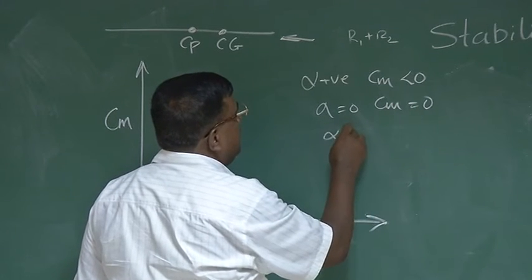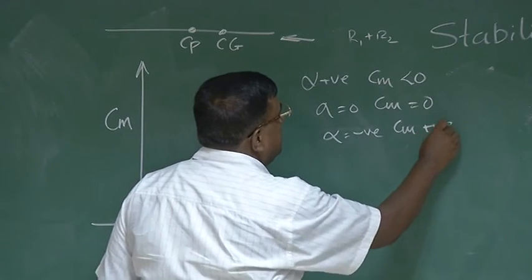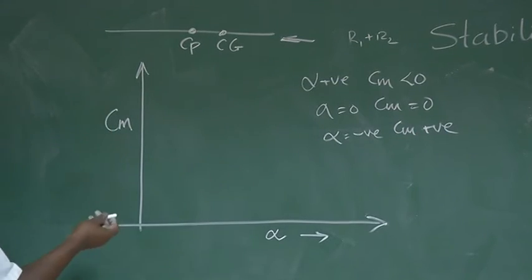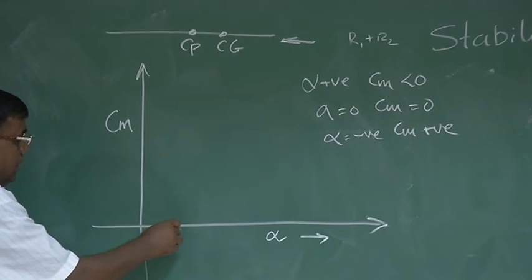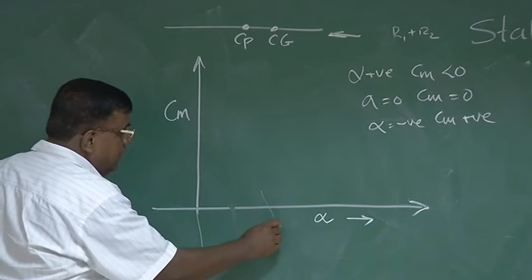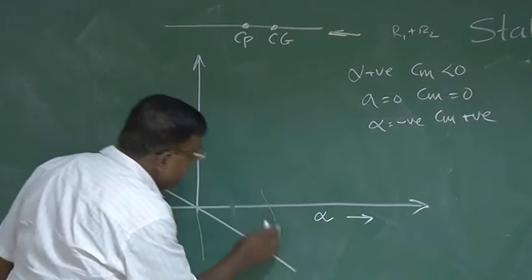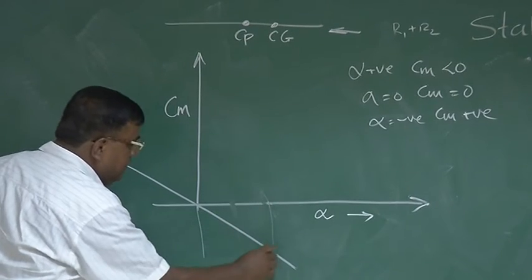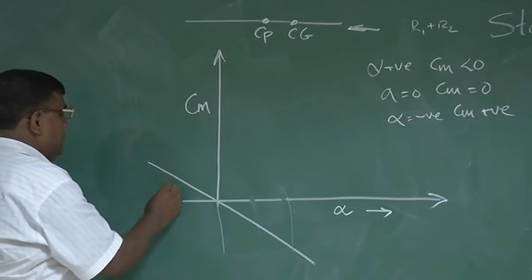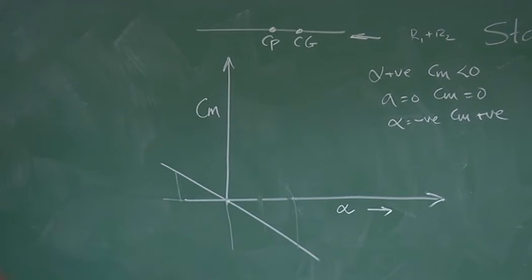For alpha negative, Cm is positive. So if I try to plot this, alpha positive, Cm negative, let's say somewhere here, I will get a graph something like this. Okay? Alpha positive, Cm negative, alpha negative, Cm positive, alpha equal to 0, Cm is 0, satisfying these three conditions. Very simple.